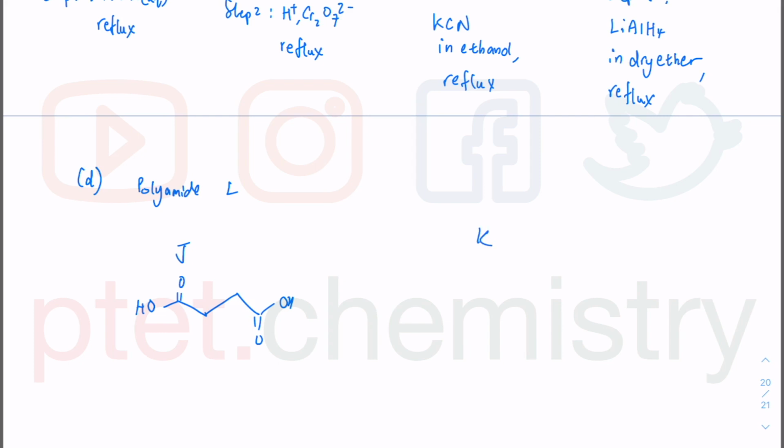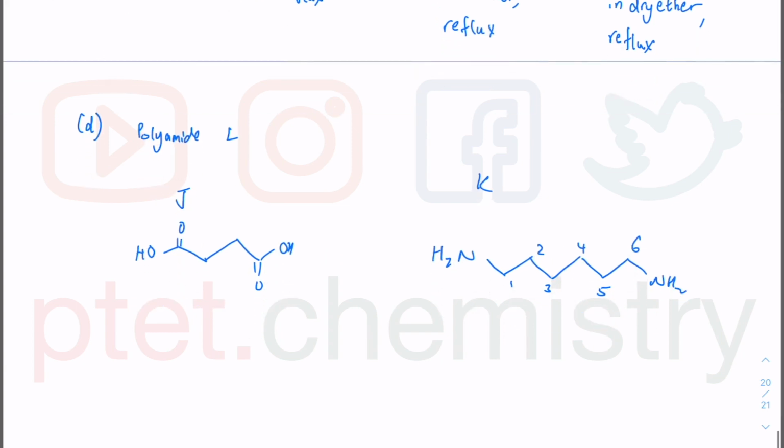So you're going to form 6 carbons, and then NH2 at each end. Okay, so this is your diamine.